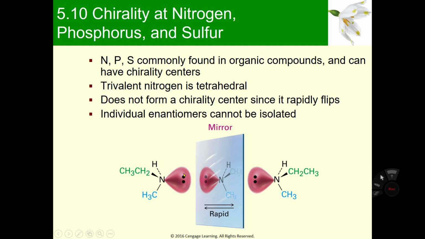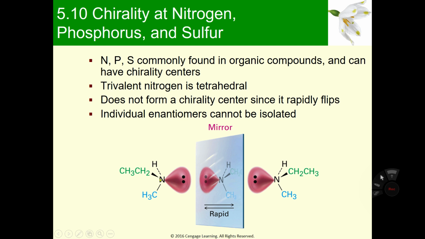If we count this non-bonding electron pair as one group, we can apply the sequence rule. But the non-bonding electrons have no atomic number. Therefore, we consider them the lowest sequence priority, and then assign R or S.